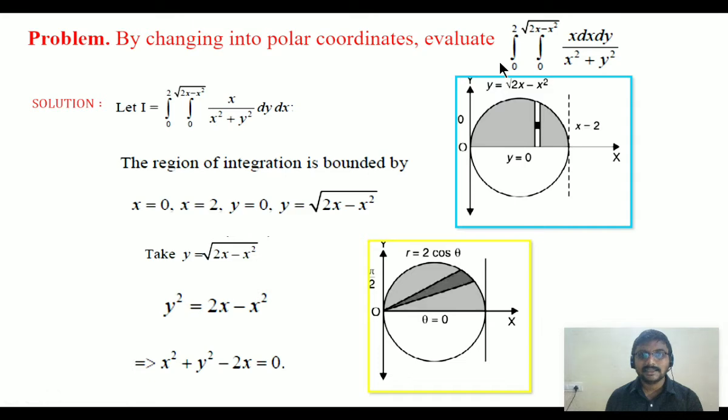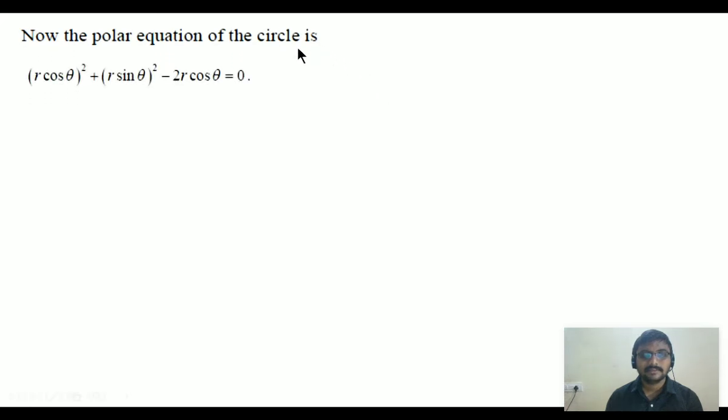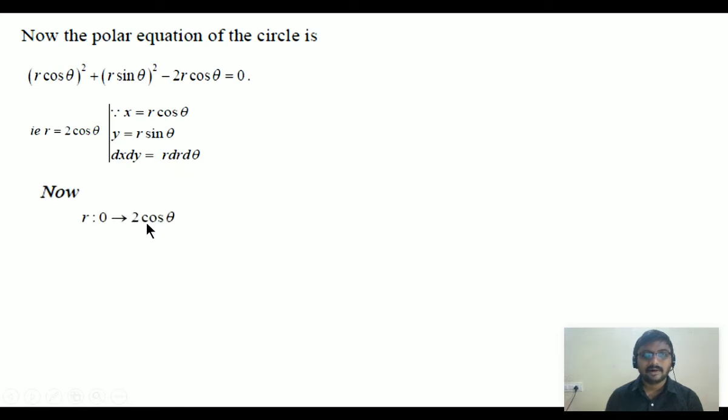That is, we are changing into polar coordinates. Replacing all the values, because x is r cos theta, y is r sin theta, and dx dy is r dr d theta. Now r limits are 0 to 2 cos theta and theta limits are 0 to pi by 2.